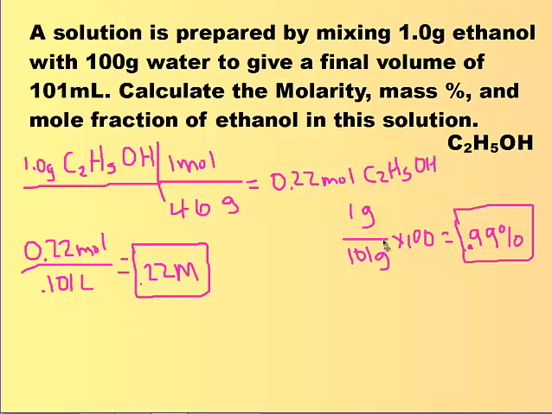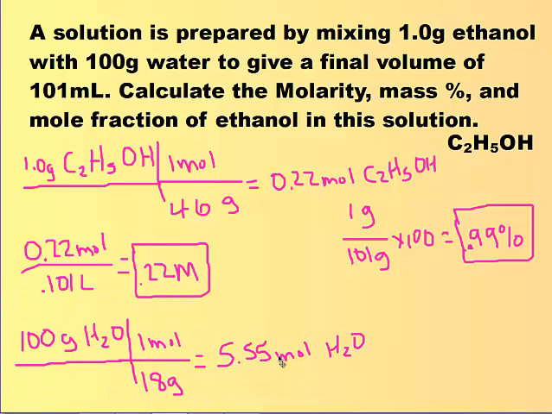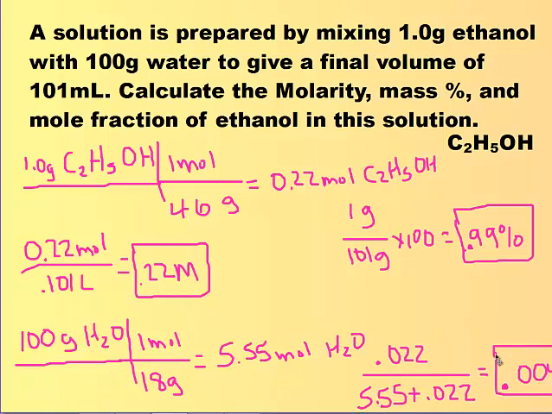And finally, to calculate the mole fraction of ethanol, we need moles of both our solute and solvent. We already know the moles of solute, so we need to calculate the moles of solvent, which is 5.55. And now we can calculate our mole fraction.